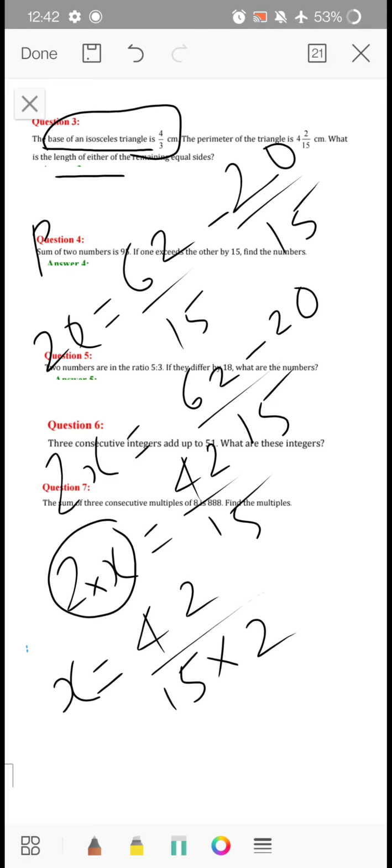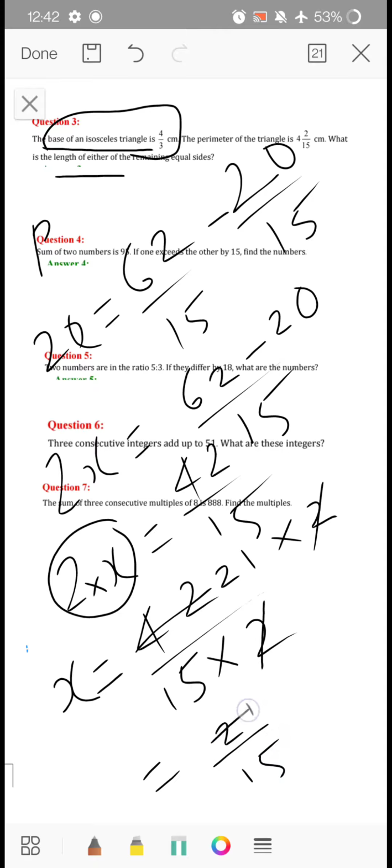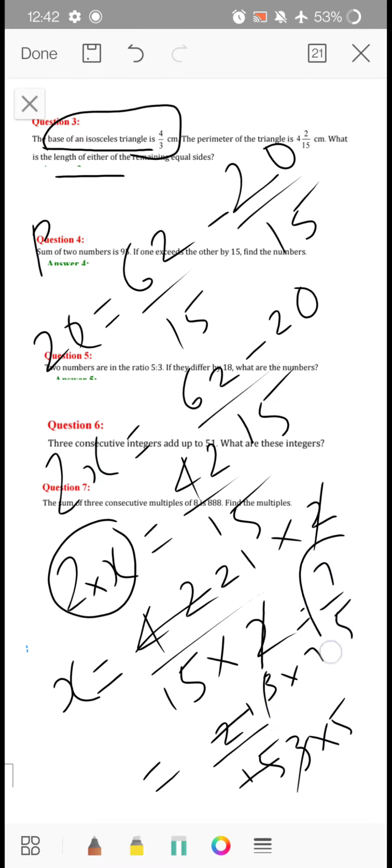You know that 21 2s are 42, so 2 and 2 cut. Further if you want to simplify 21 upon 15, then 3 7s are 21 and 3 5s are 15. So you will get 7 upon 5. Hence this is your answer for the unknown sides, that is 7 upon 5 centimeter.